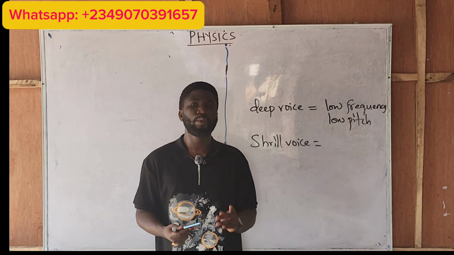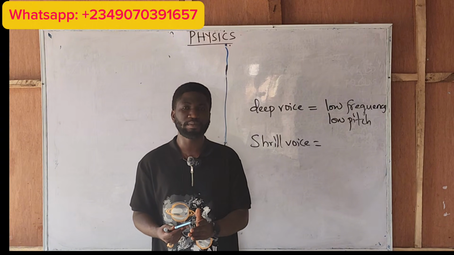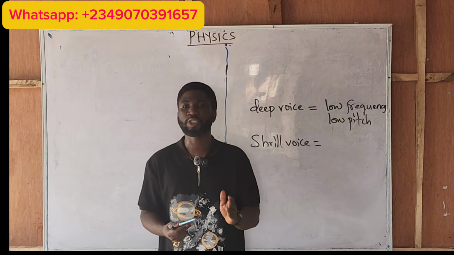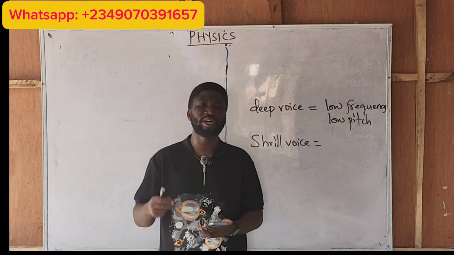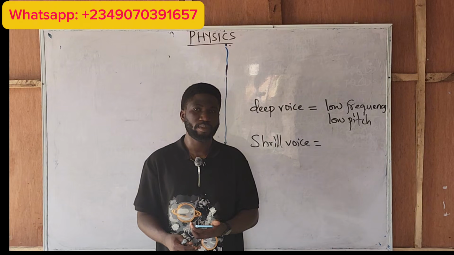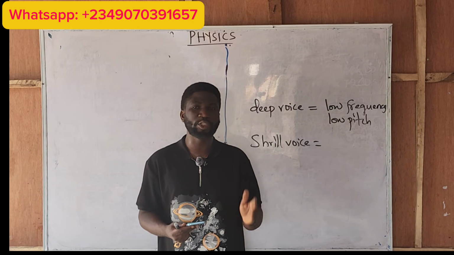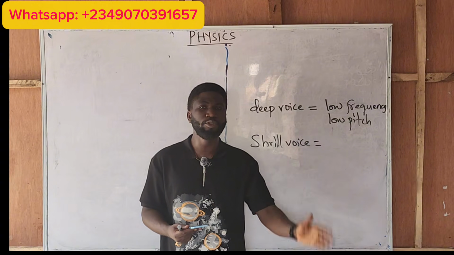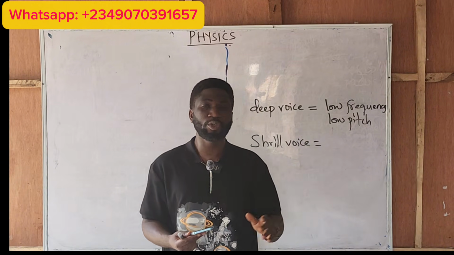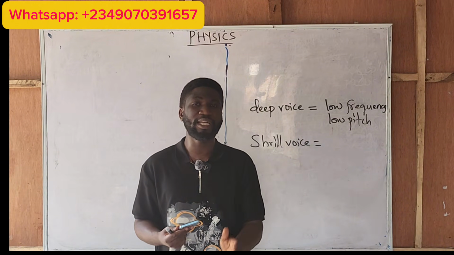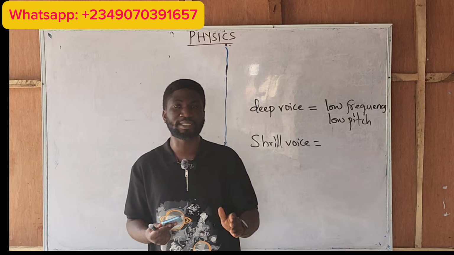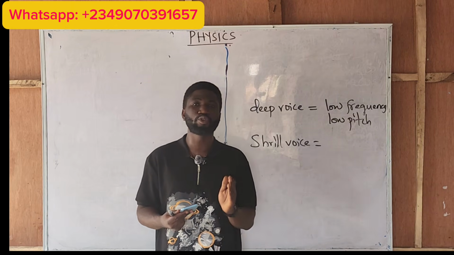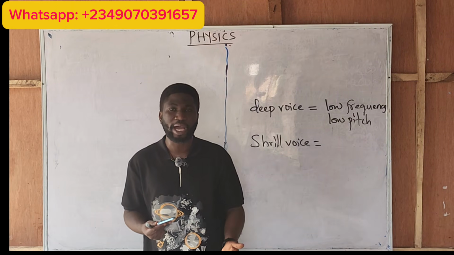So now, we can also categorize waves into longitudinal waves and what we call transverse waves. So you can have a sound wave that is mechanical and still known to be longitudinal. You need to know that a sound wave is a mechanical wave because it requires a material medium. It is also known to be longitudinal. Why?